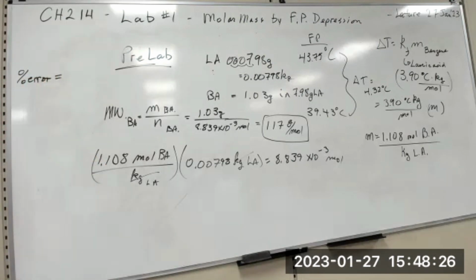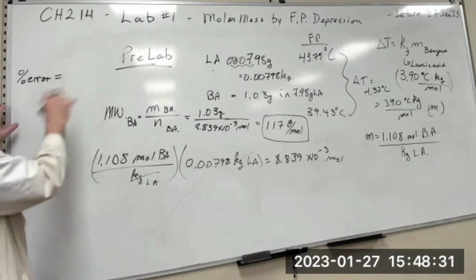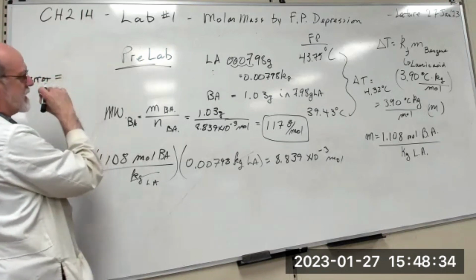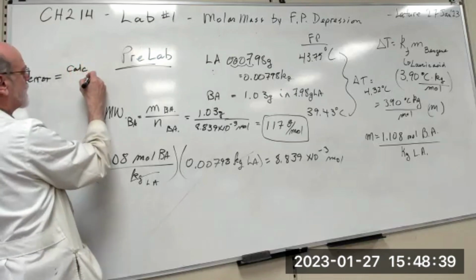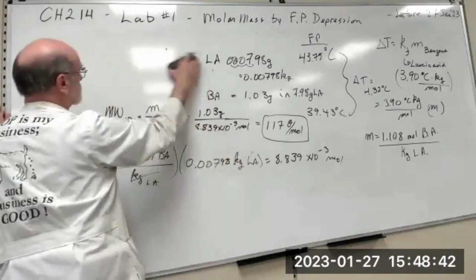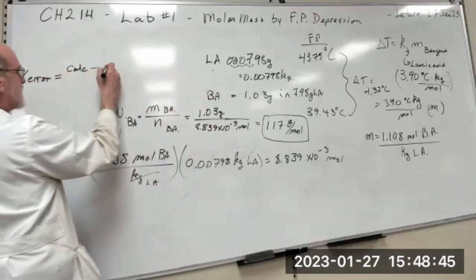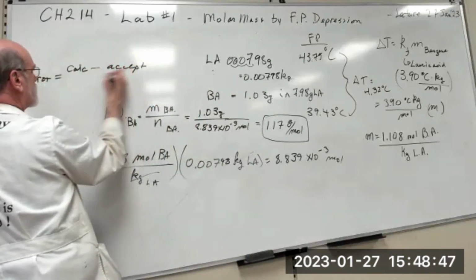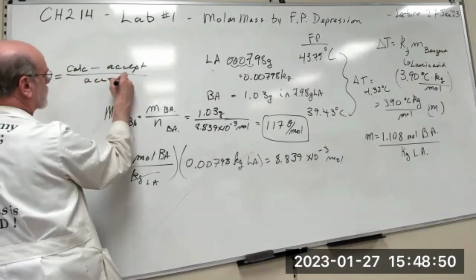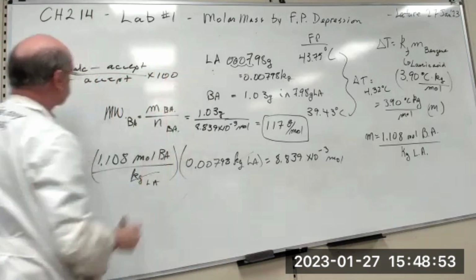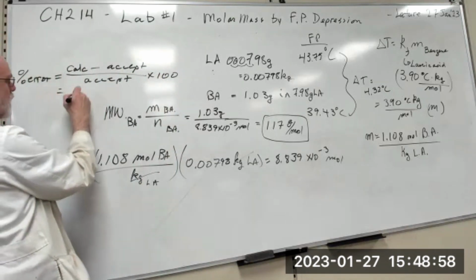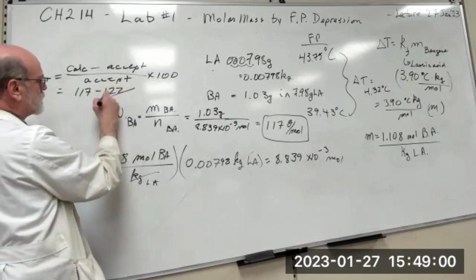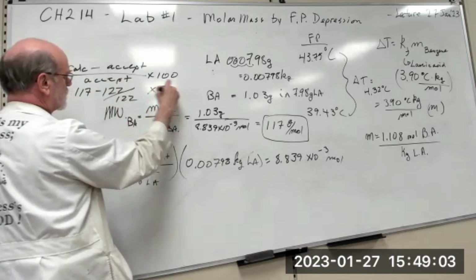It's the calculated value minus the accepted divided by the accepted times 100. So that would be 117 minus 122 divided by 122 times 100. Correct?